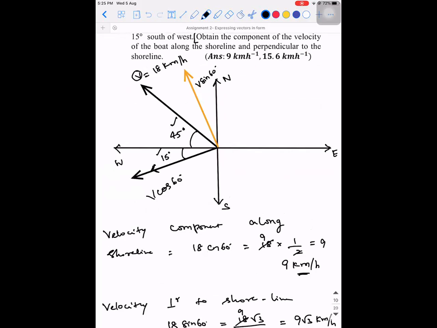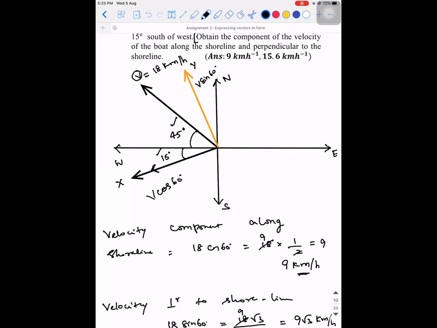So what concept we actually applied here is we took this as x-axis, this as y-axis. Means we have rotated the axis. This is what is called rotation of axis. Means if you want to find the component of a particular vector, you can find it along any vectors if you know the angle between those two. Is that clear?